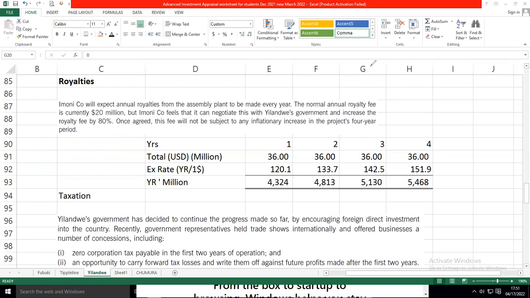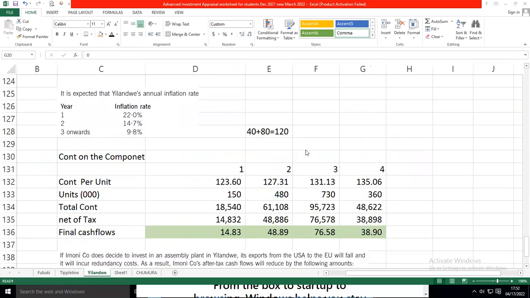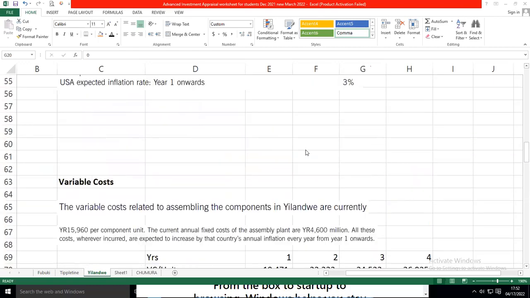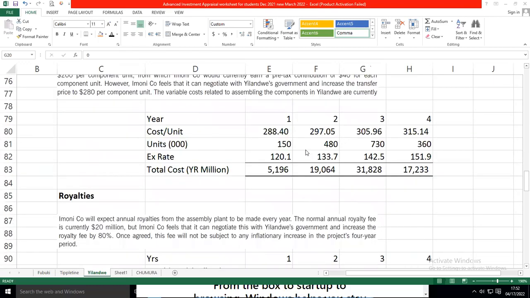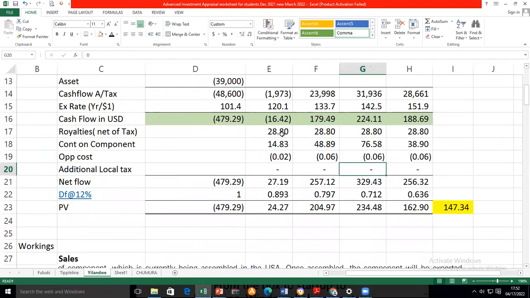So when the head office is trying to assess whether this project is viable, it has to look into how much they are earning. I don't think there's a separate working for it. So 36 less 20%: the head office is 36 times 0.8, net of tax.